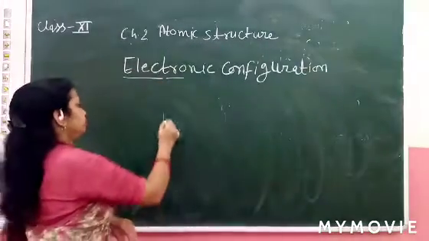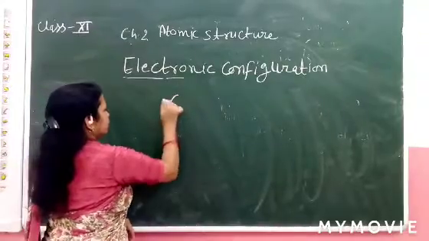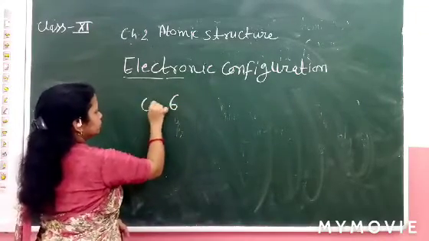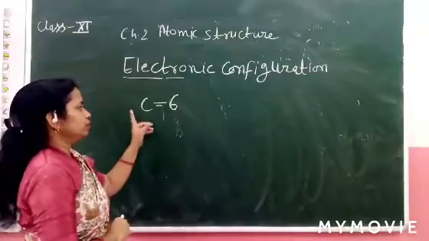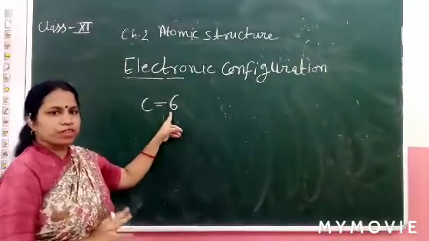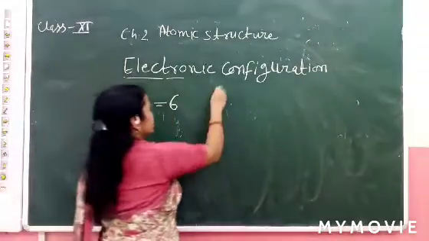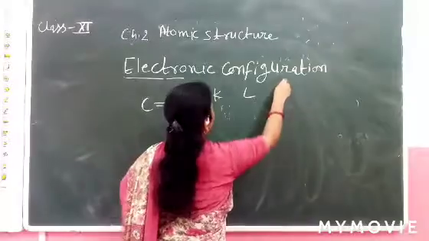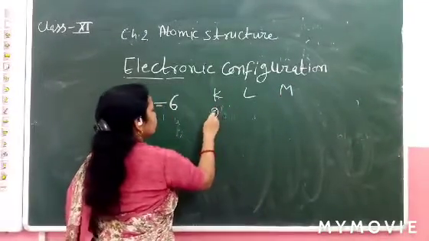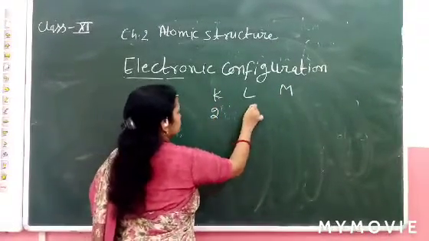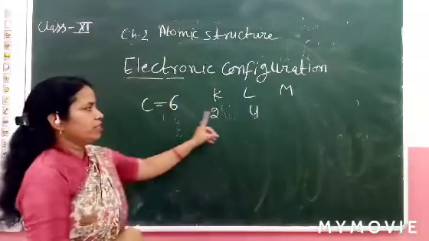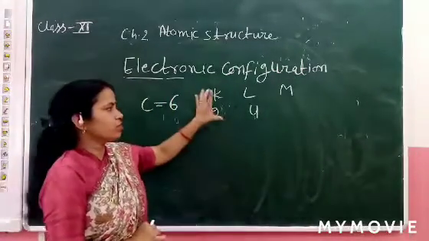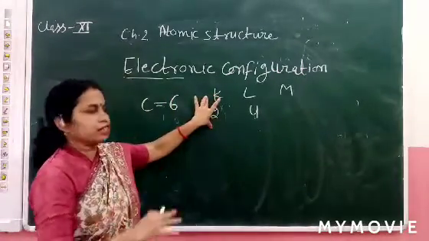Let's see carbon. You have to learn all the atomic numbers. Carbon has atomic number 6, with 2 electrons in the K shell and 4 electrons in the L shell. Its valency is 4, which we already discussed in 10th class.